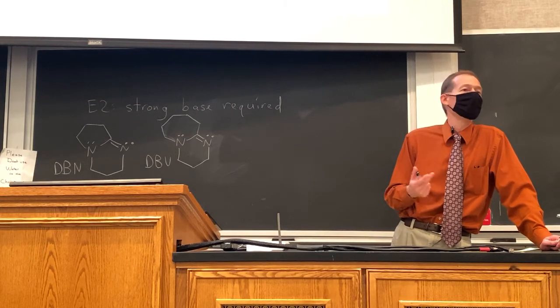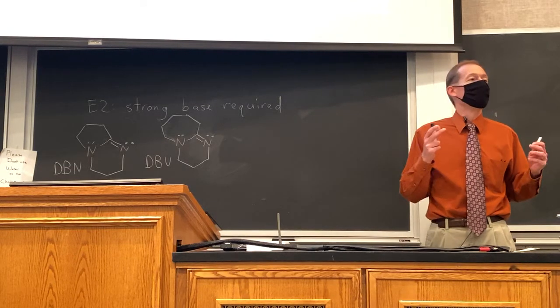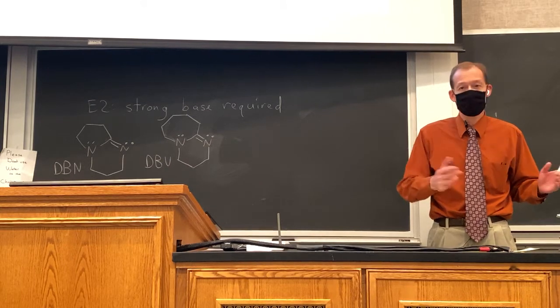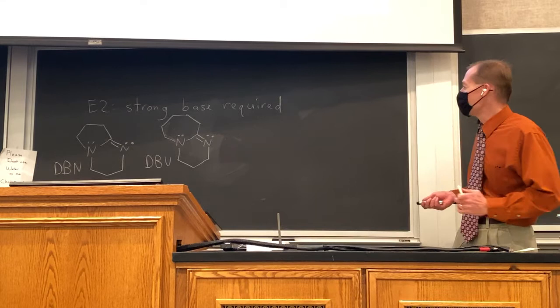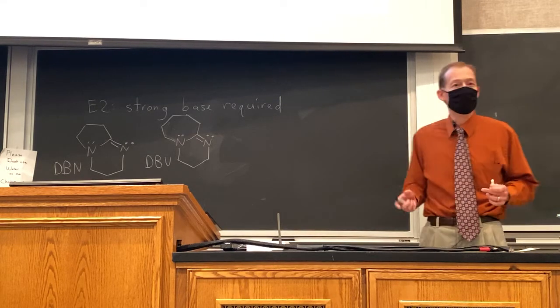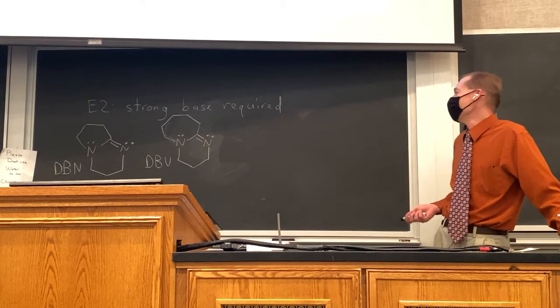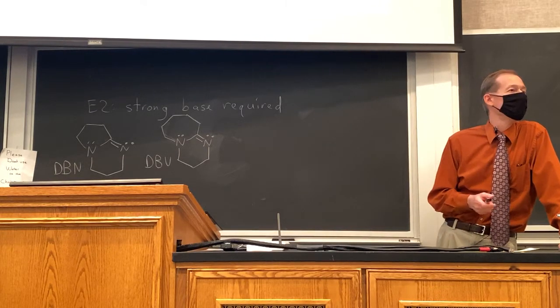So we do need to understand why that is the case, why these compounds are 100 times stronger than a typical amine. And the first step in understanding that is understanding which nitrogen is protonated. When this is functioning as a base, which nitrogen gets protonated? The sp3 nitrogen or the sp2 nitrogen?